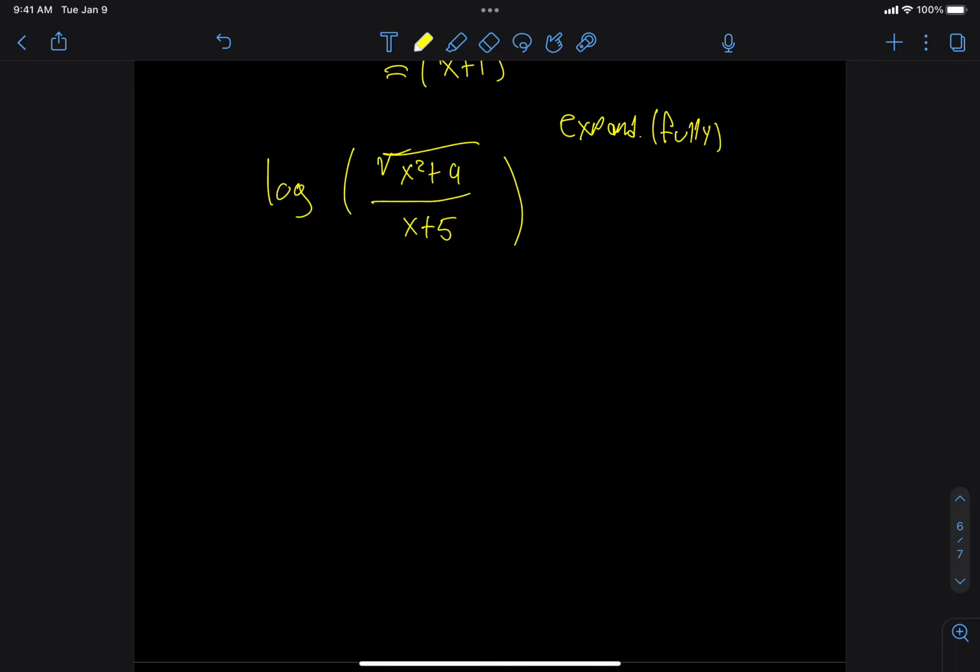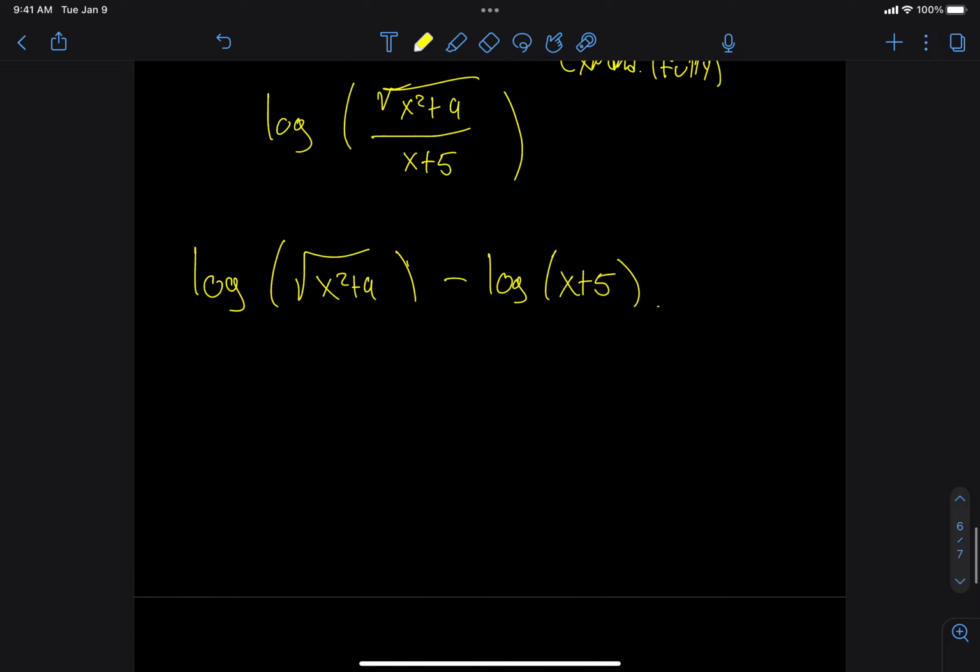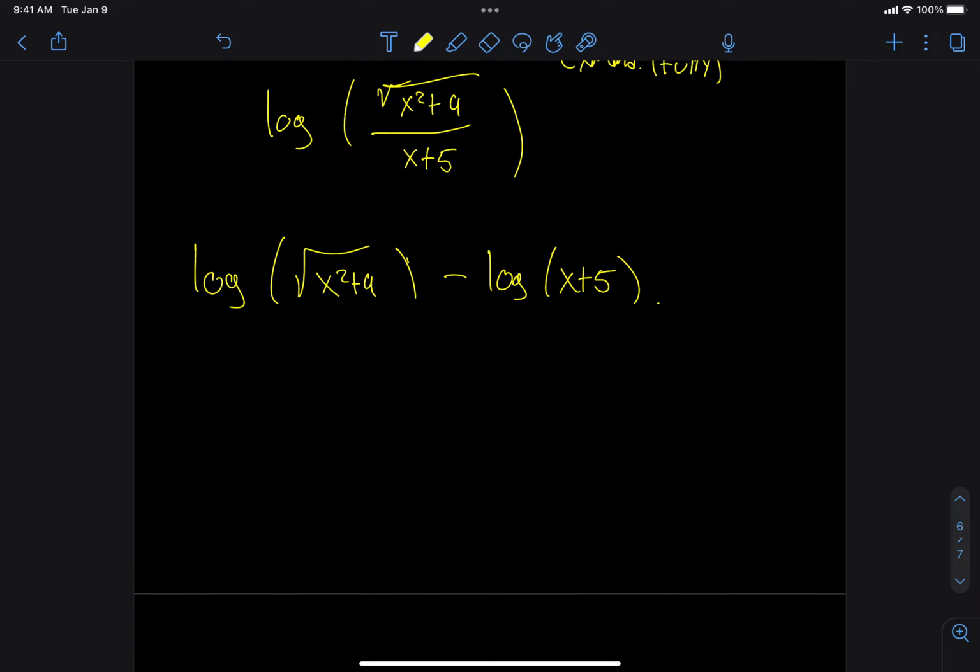The first thing I notice is there's a division inside of here. What does division code as if we are to expand this thing? It becomes subtraction. So we get log of the square root of x squared plus 9, and then minus log of x plus 5. Now we want to expand this some more, or am I done? Okay, we can expand more. What can I do?